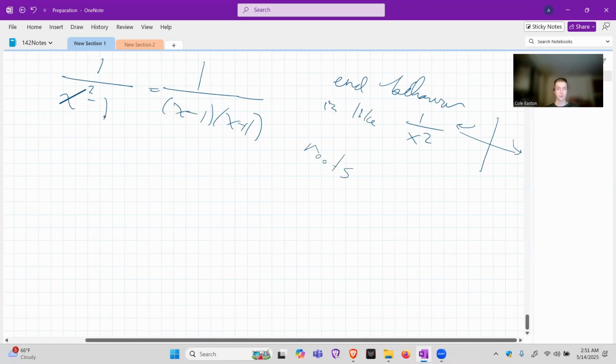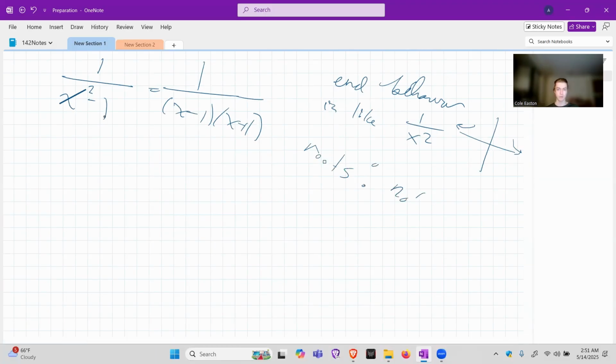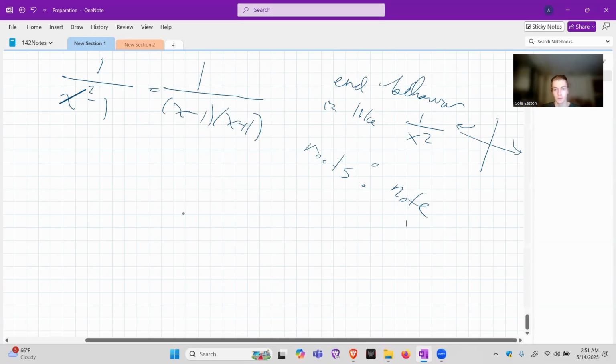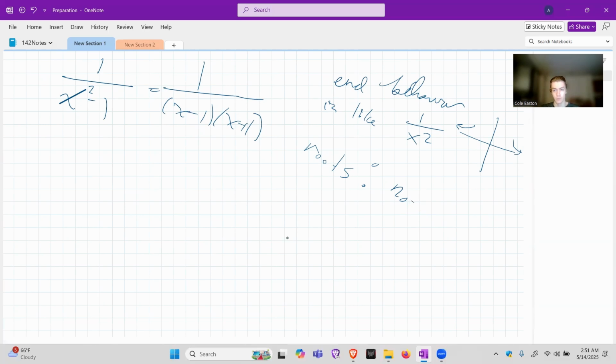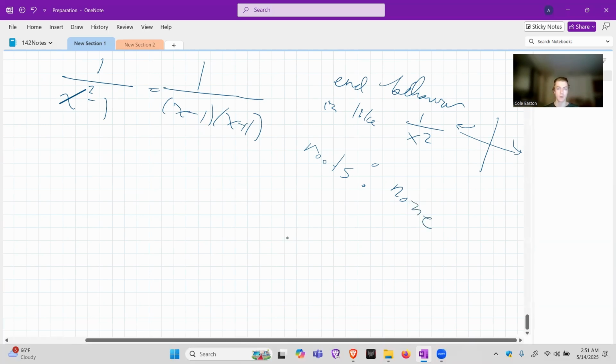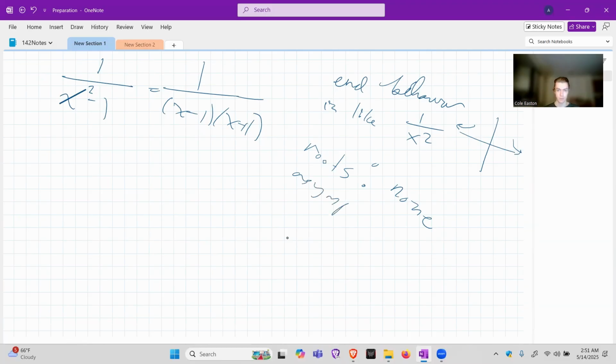Roots. What makes the numerator 0? Nothing, right? Numerator is always 1. Roots, none. Asymptotes. So x minus 1 equals 0, so that gives us x equals 1, and x plus 1 equals 0, x equals -1. Okay.